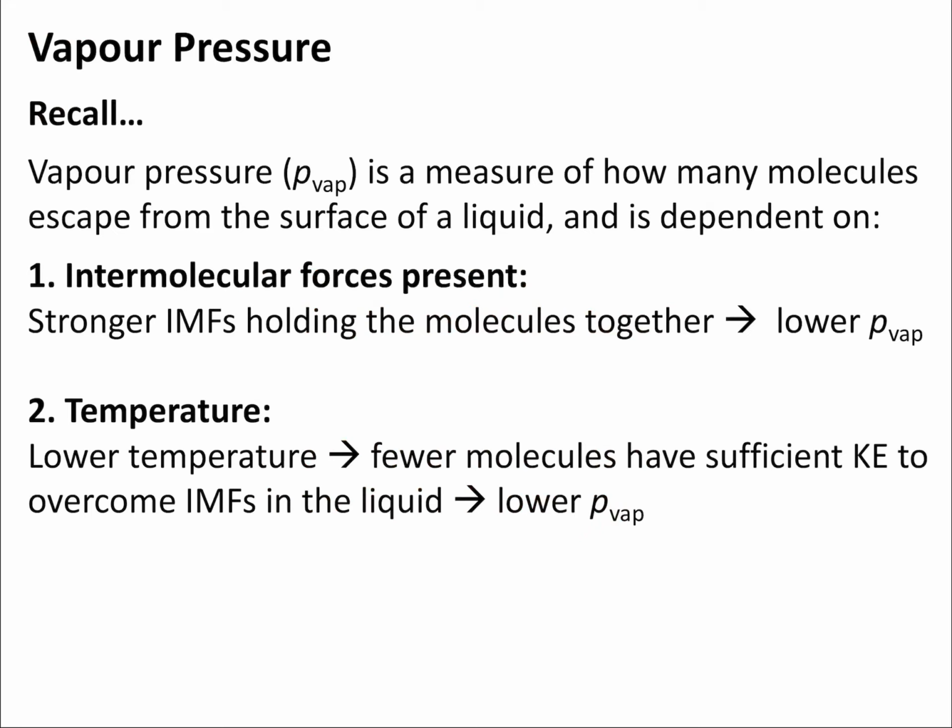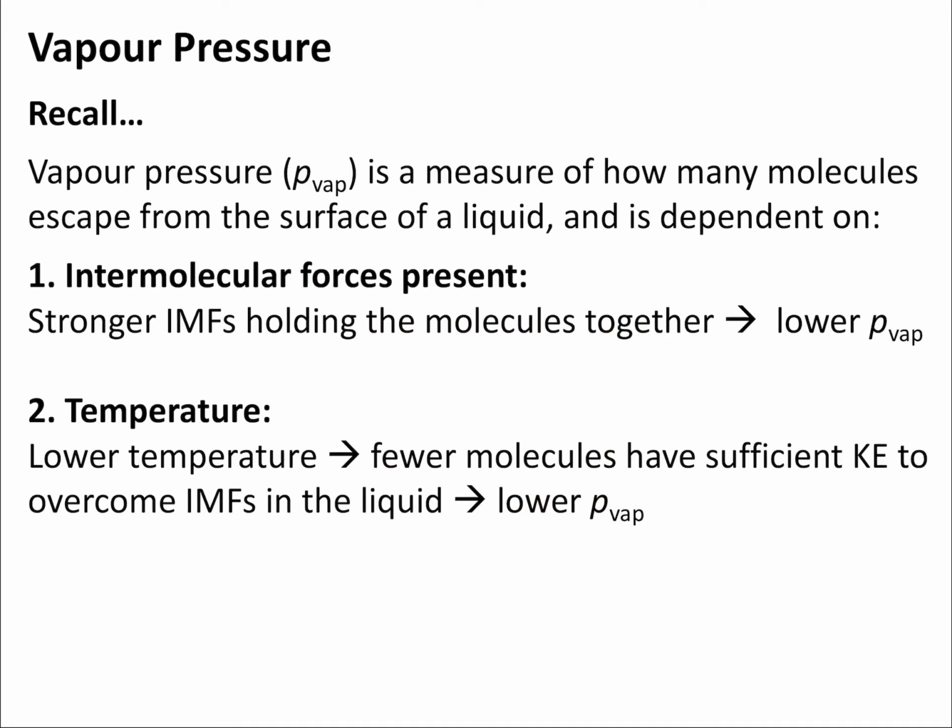So the vapor pressure, if you remember, is the pressure above a liquid when it's at equilibrium. It depends on the relative strength of the intermolecular forces, how strong the intermolecular forces are holding the molecules together. If they're very strong intermolecular forces, you typically have lower vapor pressures, and the liquid we would say is less volatile. At higher temperatures, more molecules will have enough kinetic energy to enter the gas phase.